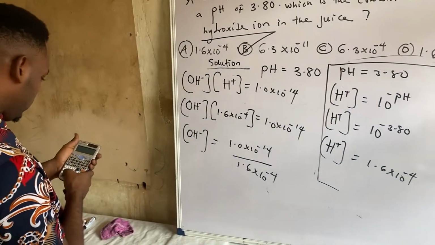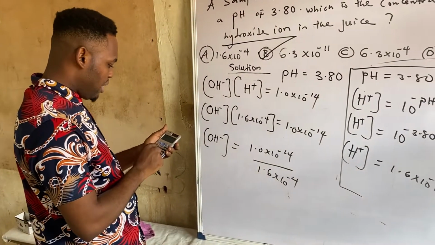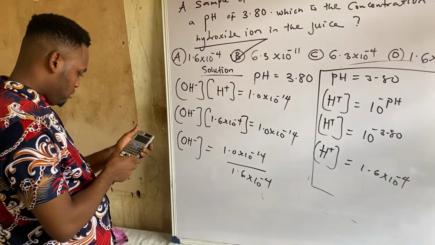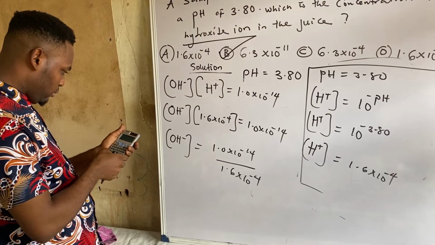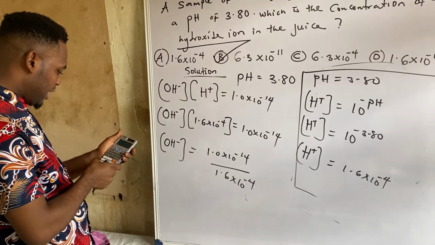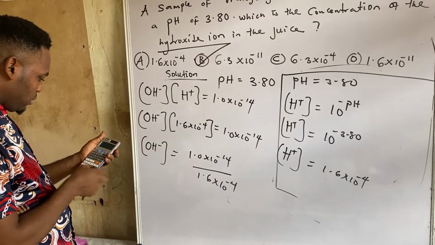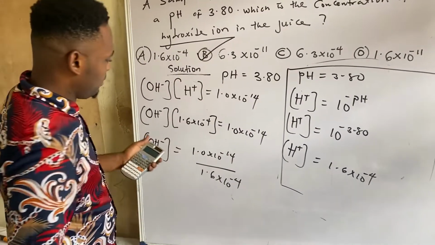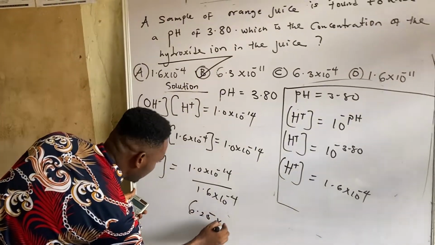All right. 1.0 times 10 to the power of minus 14, divided by 1.6 times 10 to the power of minus 4. What do we get? Of course, that's our answer. We will get 6.25 times 10 to the power minus 11.